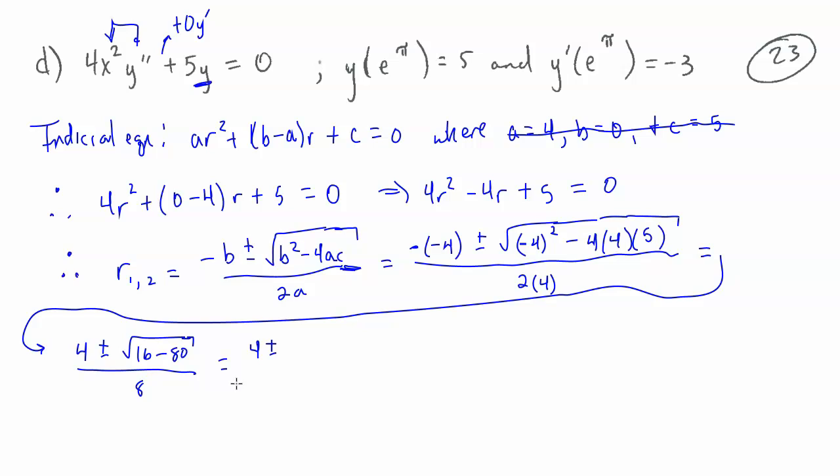I know 20 minus 80 is 60, but then of course I got an extra 4 there. So this should be a minus 64, all this divided by 8. And since square root of 64 is 8, that lets us know that the square root of negative 64 is going to be 8i, all that divided by 8.